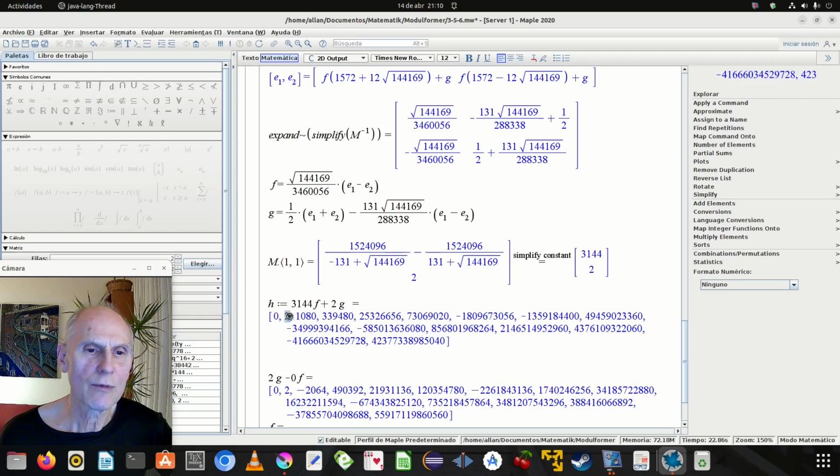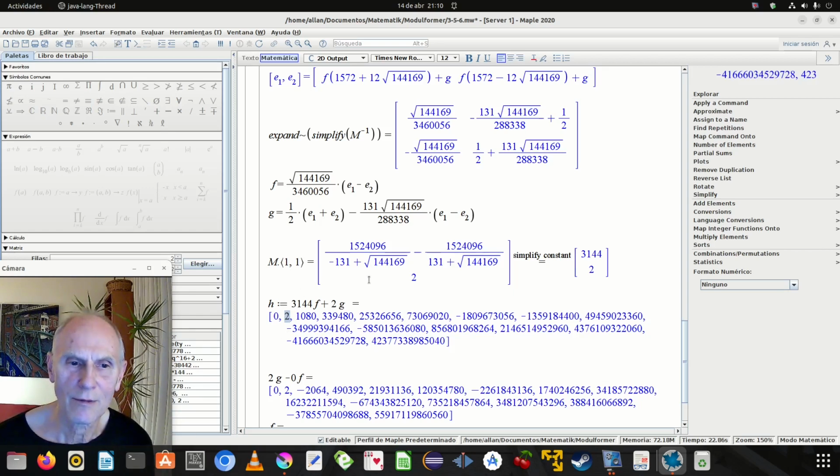The T1 has, of course, eigenvalues 1, it's a double. So the trace is 2, and this one we have established.